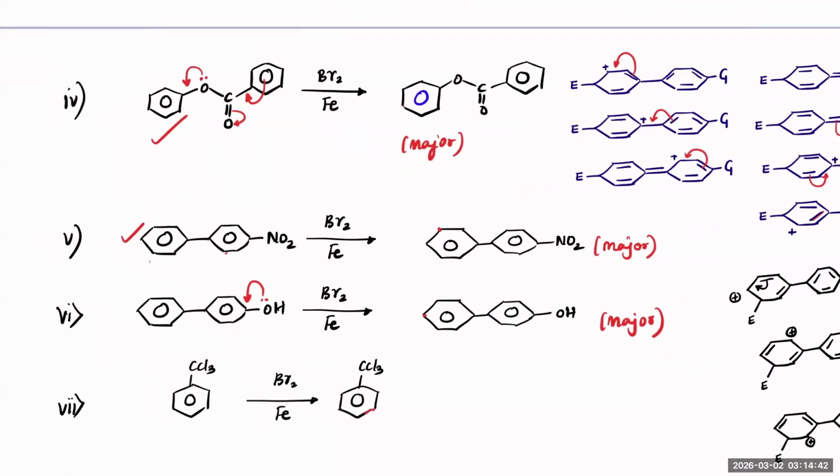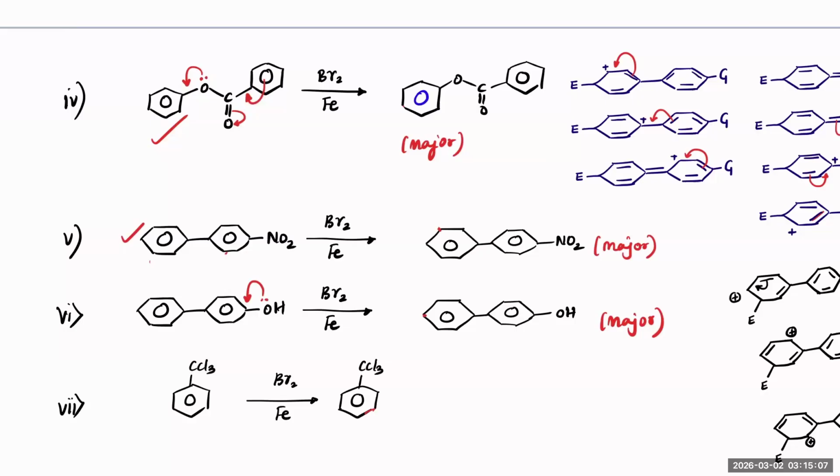If you notice the next one here, there are two benzene rings across the COO group. Across this COO group, this side ring is activating while this side ring is deactivating, because when you have C double bond O connected, we just learned it will pull the electrons from benzene and make the benzene deactivated.